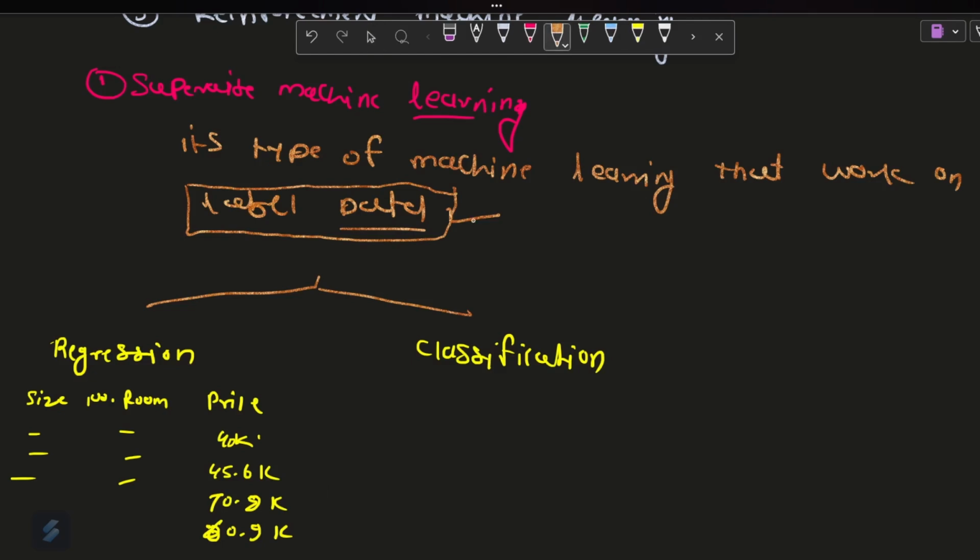To know whether a problem statement is regression or classification, you look at the output.